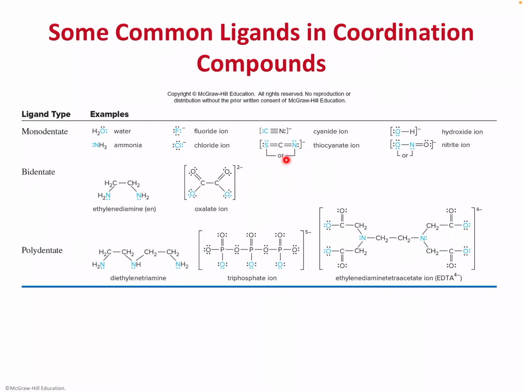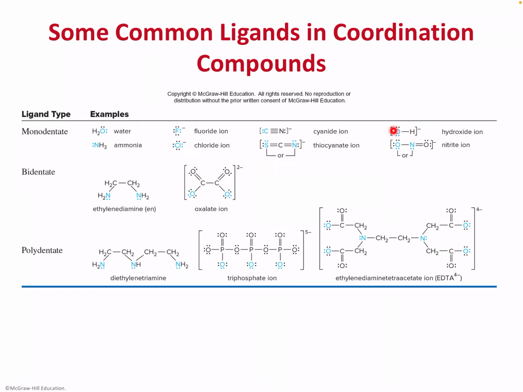So the blue ones tell us which one can be coordinated. So this is a linear molecule. In thiocyanate ion, either sulfur or nitrogen could be used as the donating atom, but both cannot do so at the same time because it's a linear molecule. So it's a monodentate ligand.